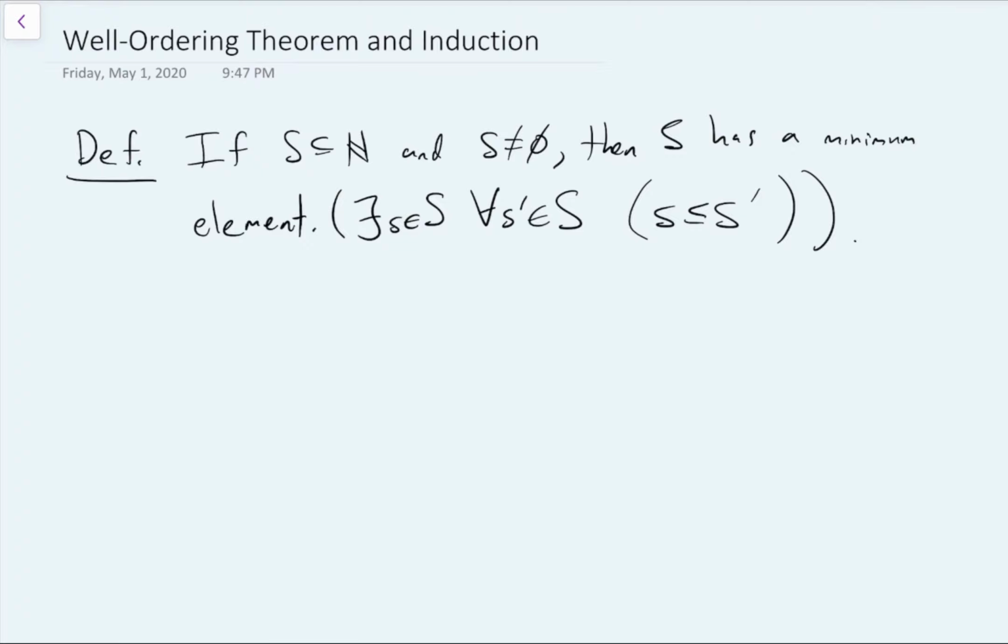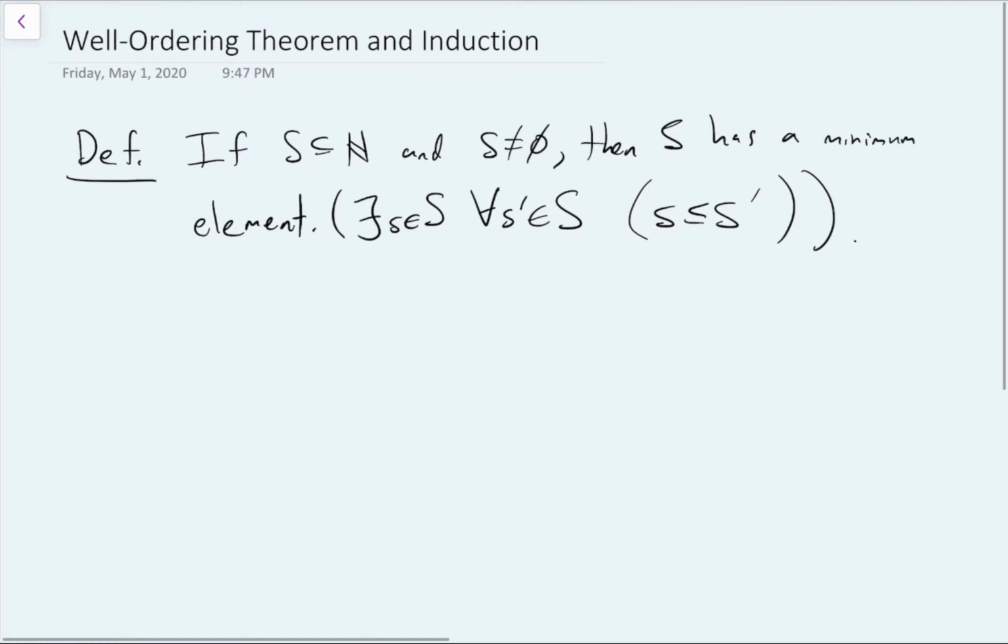And the idea is that if S is a non-empty set, then eventually we're going to have to reach some element of S. Just pick any element of S you like, because it's not empty. Eventually, after that number of steps, we will have come across at least one element of S. So at some point in this procedure, we will have found the minimum element of S. That's the idea of why the well-ordering theorem is true.